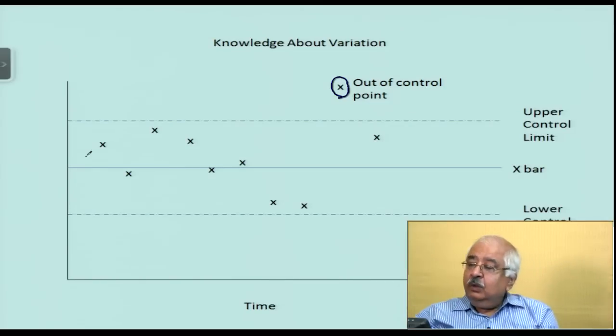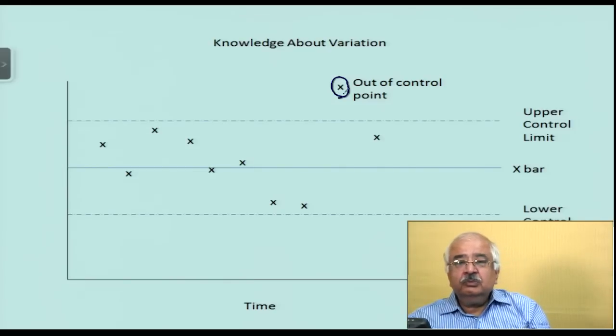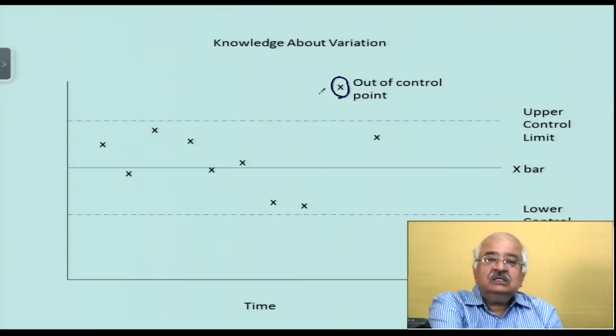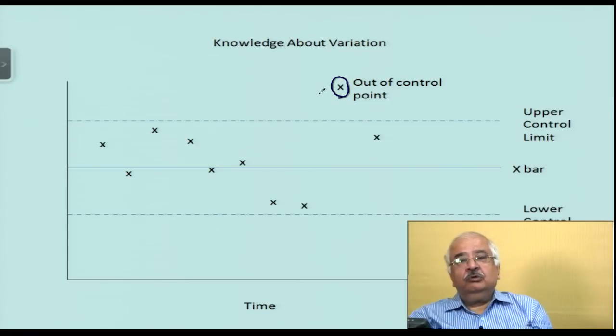Now, when this point is observed to be out of control, that indicates that at this particular point in time, the system has got out of statistical control.